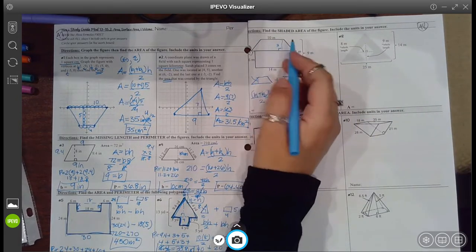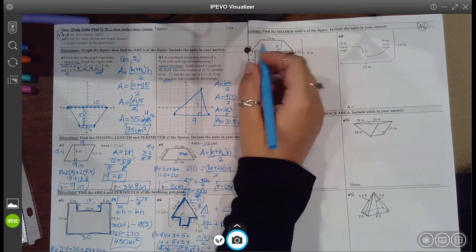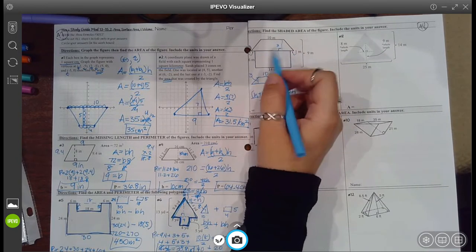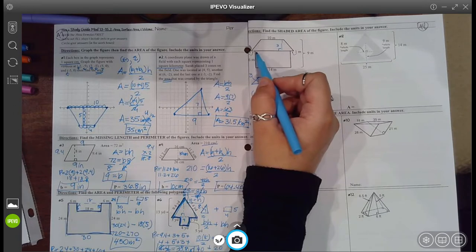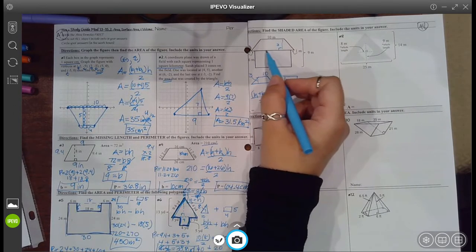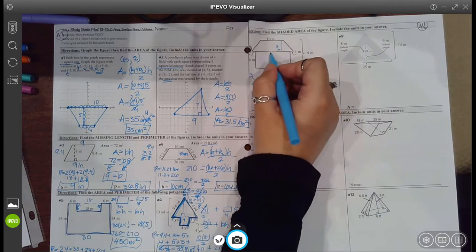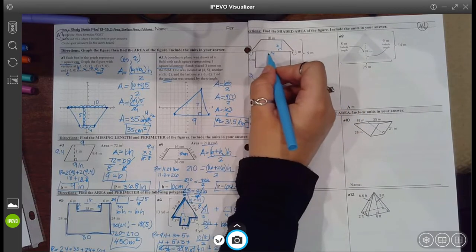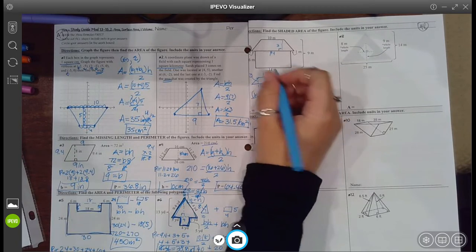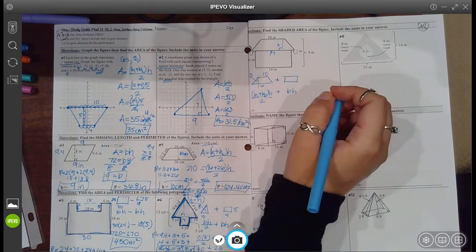Okay, they told me this base right here is 10, but what's this base? Well, from here to here is 1, and from here to here is 1, but what about this length? This is the same as this, so 14. So 1 plus 14 plus another 1 makes that whole bottom base length of 16.